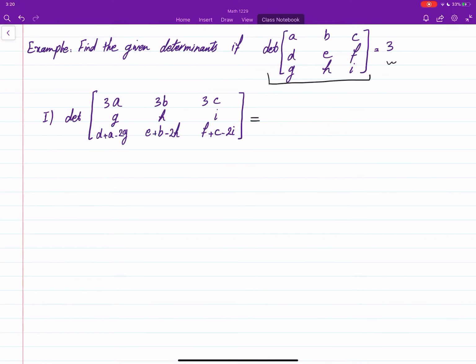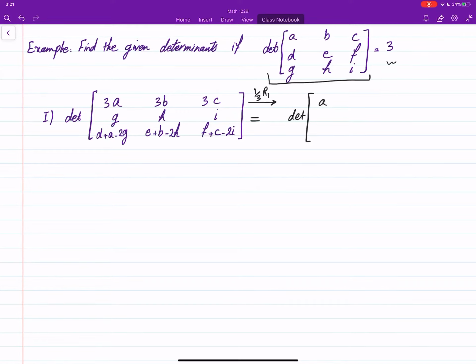Well, right away you notice that there is a multiple of 3 in the first row. So to get rid of that multiple 3, I have to divide the whole row 1 by 3, or multiply the row 1 by 1 over 3. Okay, so let me just write first what does the elementary row operation do.